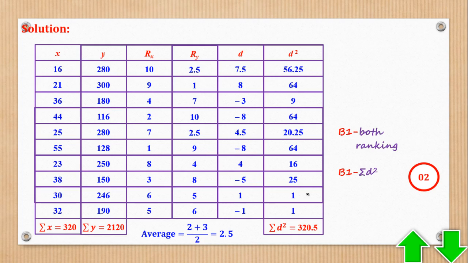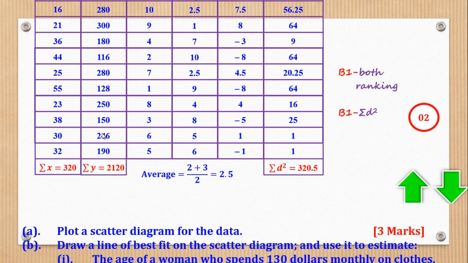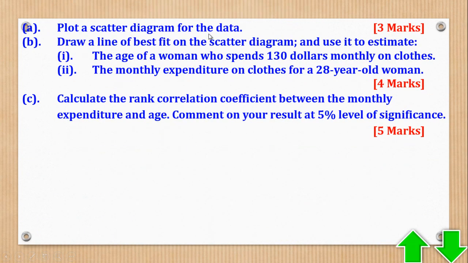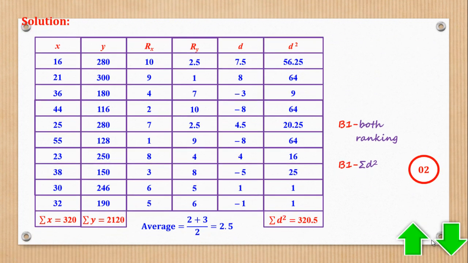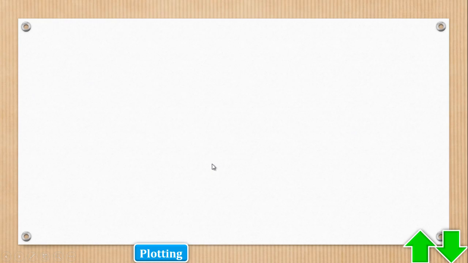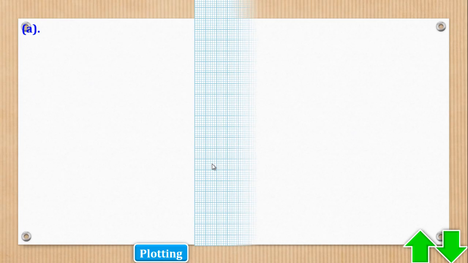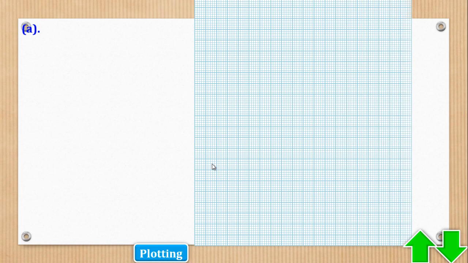Okay, so now we can begin to answer the questions. Part A was about plotting a scatter diagram for the given data. So plotting, we shall need a graph paper. Then we draw the axes, horizontal and vertical.